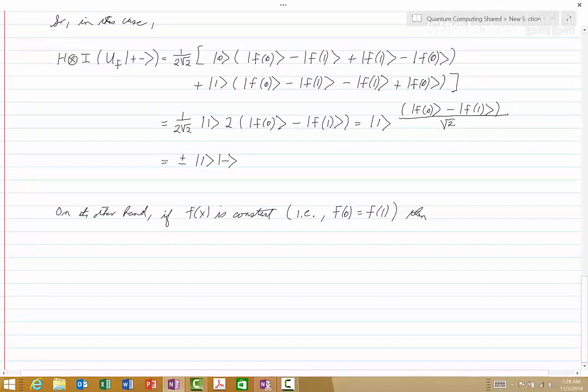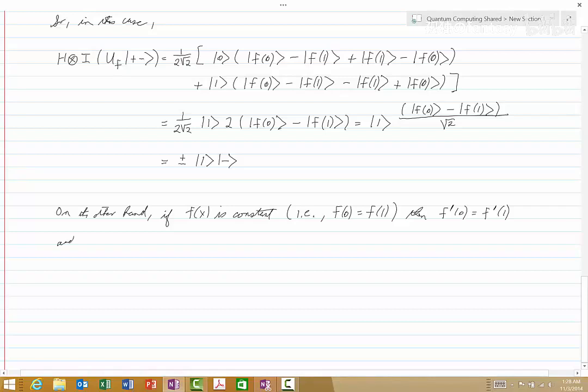f prime of 0 would also be equal to f prime of 1.